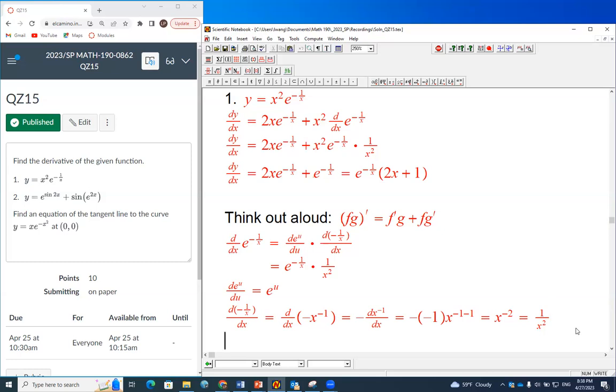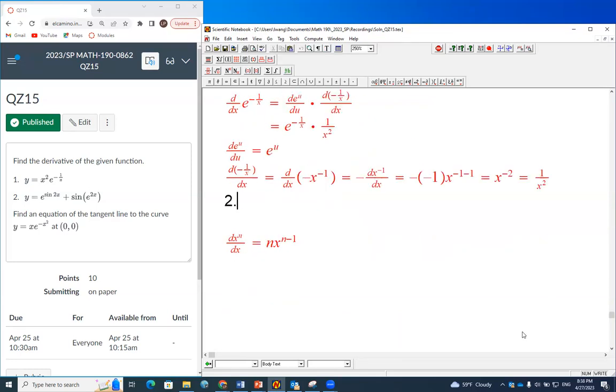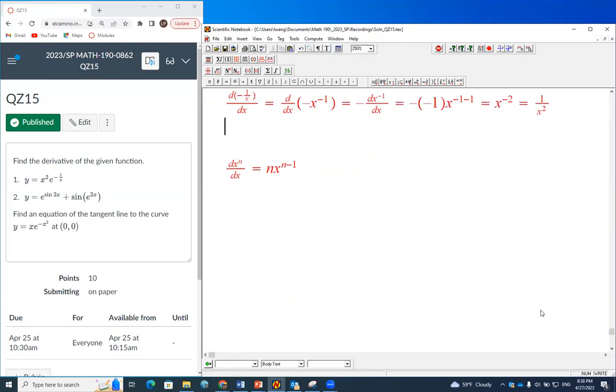Okay, number 2. So let's look at number 2. We have a function y equals e raised to the power of sine 2x plus sine of e raised to the power of 2x.